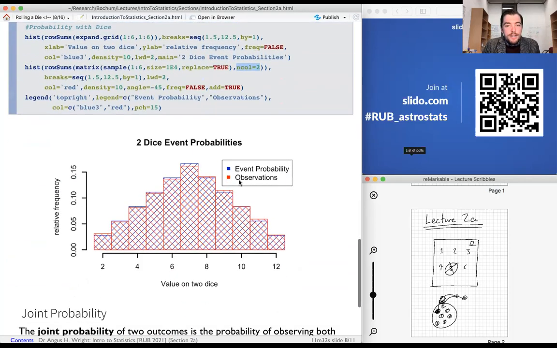And what we find is that with 10,000 throws, the analytic probability is the blue, and the observations are the red, and you see that while they're not identical, they are very, very similar. So we've verified that our analytic probability of seeing certain combinations of sums are the same.